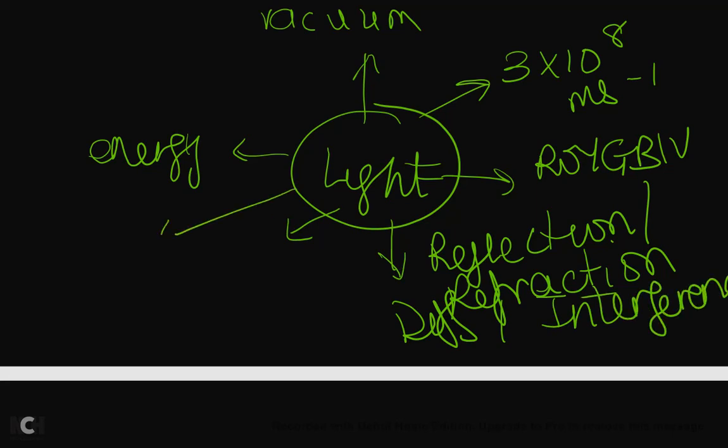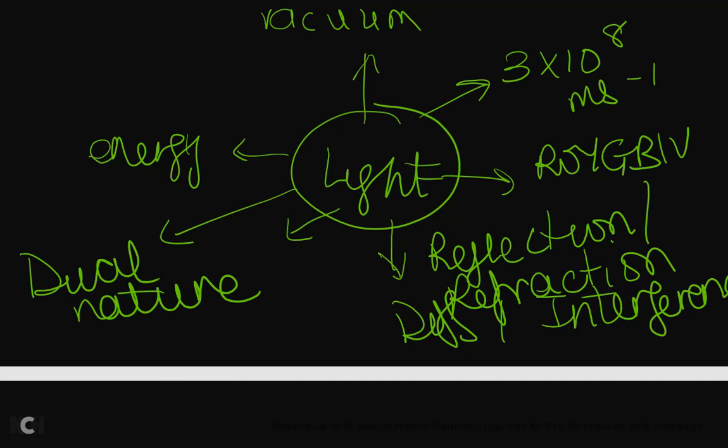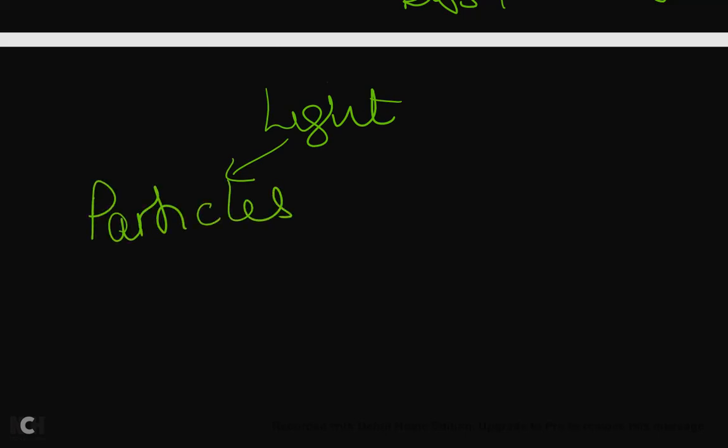Now, one of the foremost things is that light has a dual nature. So what do I mean by light having a dual nature? Light can be made up of particles, according to the corpuscular theory, or I can conceptualize light as made of waves.